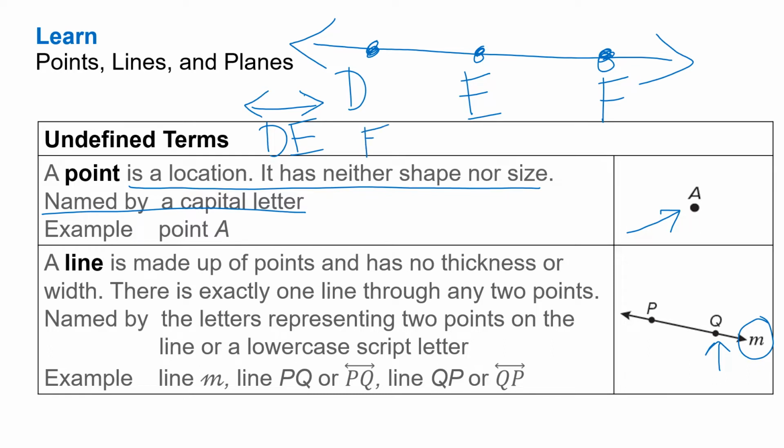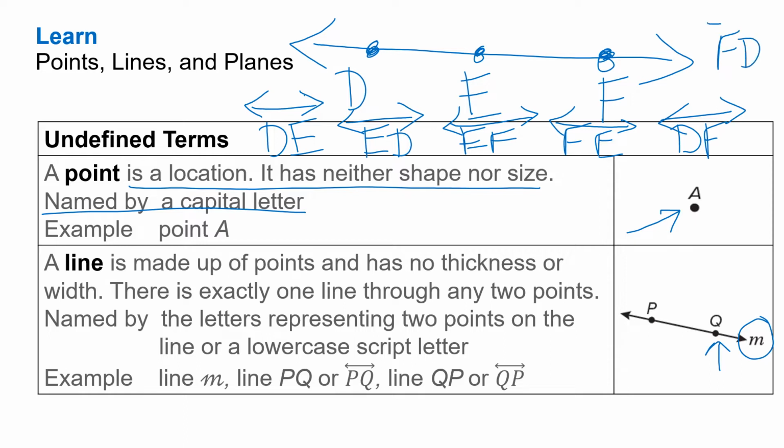I could name it ED. I could name it EF. I could name it FE. Or I could name it DF and FD. I could use any 2 letters to name that line.